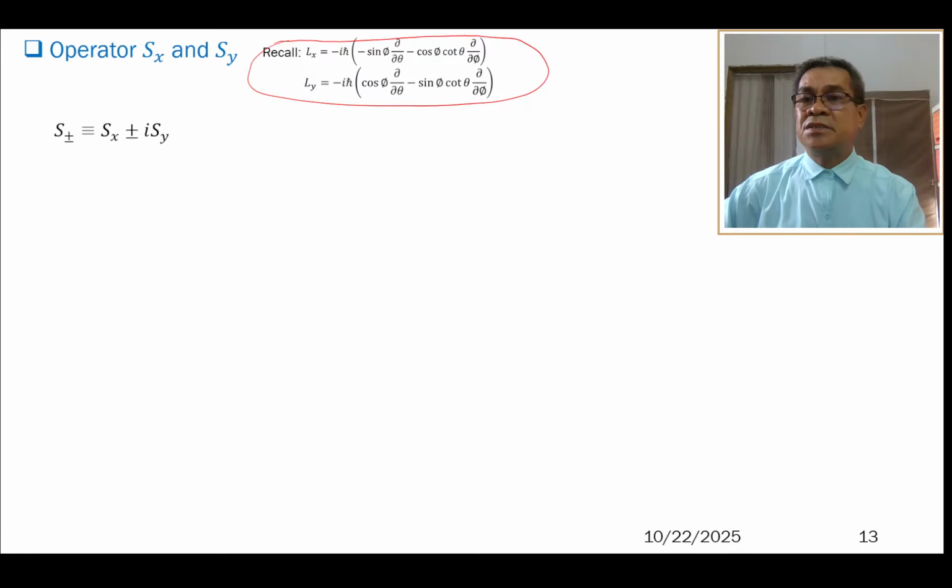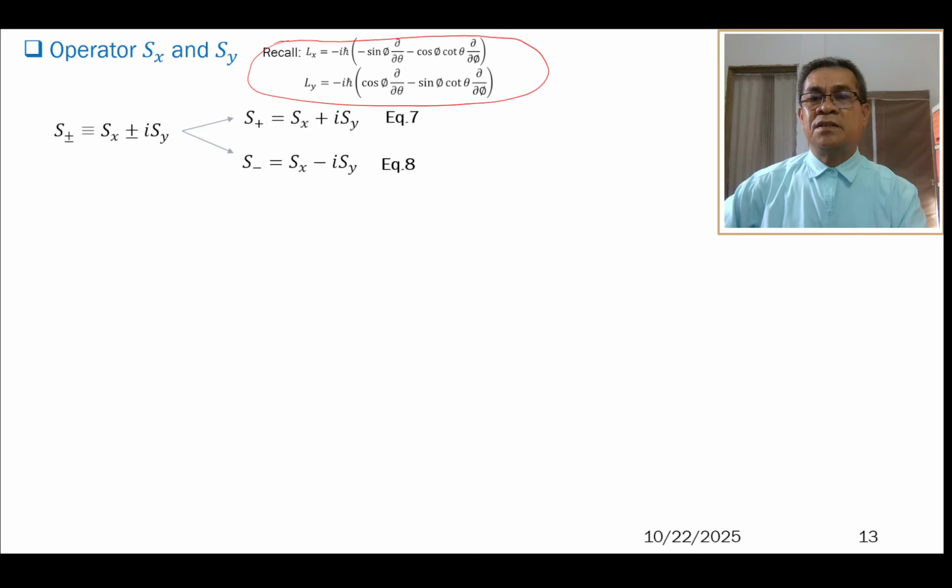Okay, to answer this, just use the definition of the raising and lowering operators. The raising operator is Sx plus i Sy, while the lowering operator is Sx minus i Sy. So therefore, we have that result, equation 7, and we have equation 8.